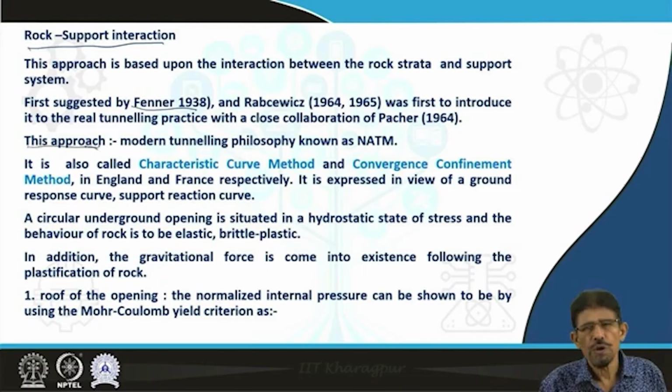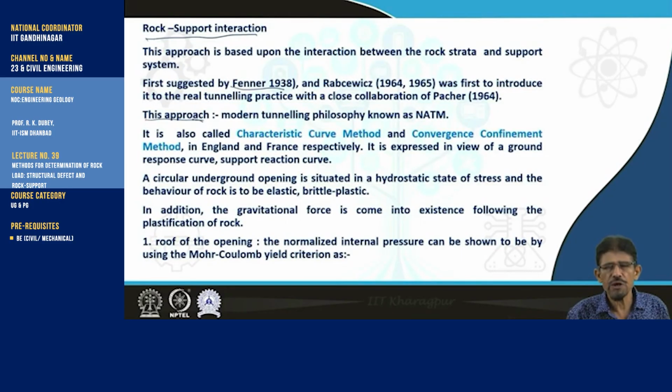This approach later became the backbone of modern tunneling method, popularly known as the New Austrian tunneling method, proposed by Reykjavik in 1964 in association with the work of Picher in 1964. This approach was widely utilized throughout the world except England and France, where they named this approach the characteristic curve method and convergence method for the same concept based on the rock support system.